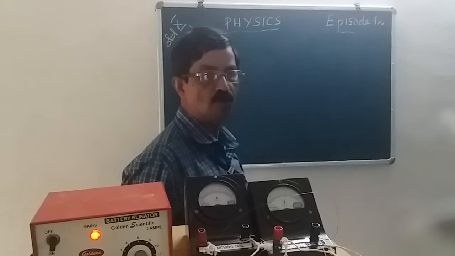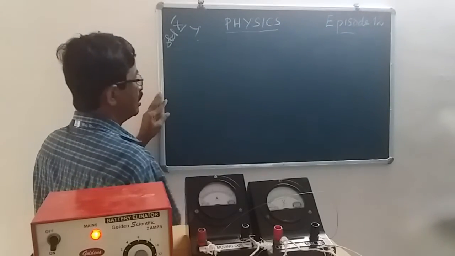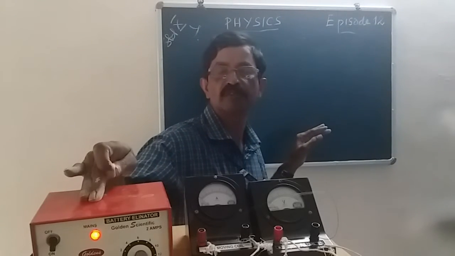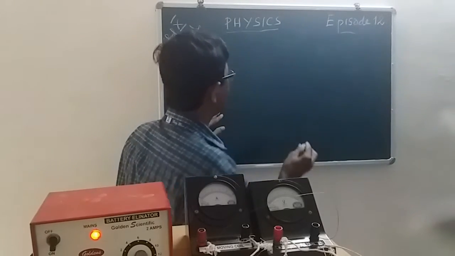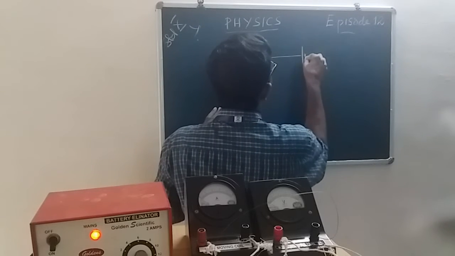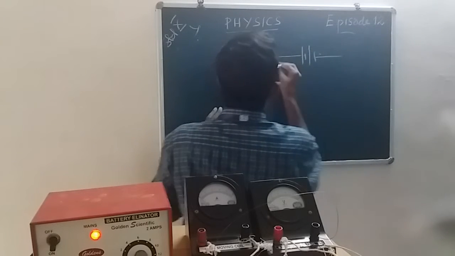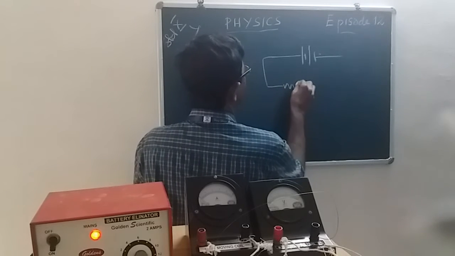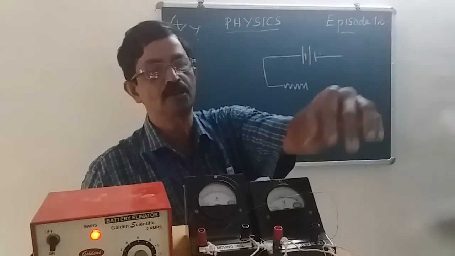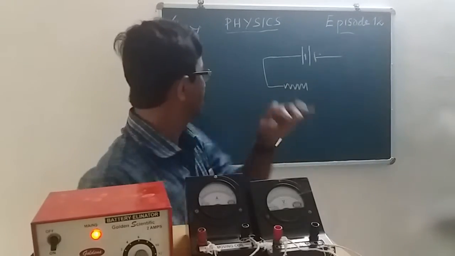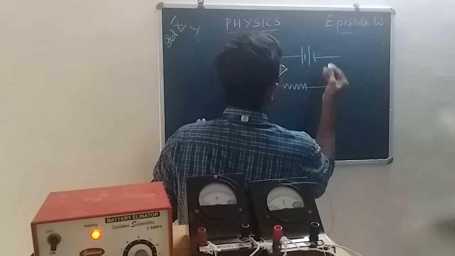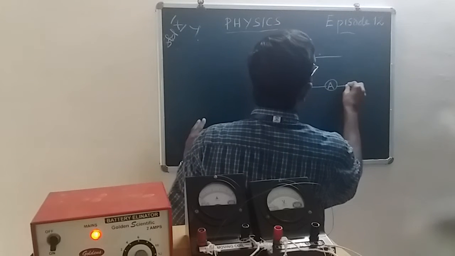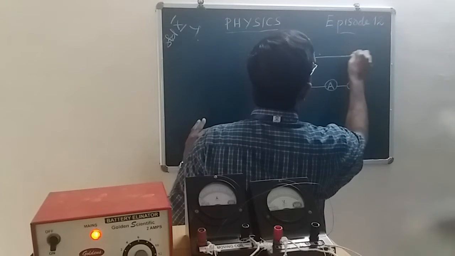For that we can do one activity. You see the Ohm's law circuit diagram given here, and how we can draw it. This is the set, and suppose this is our nichrome wire, and this is the ammeter to measure current, and this is the key.